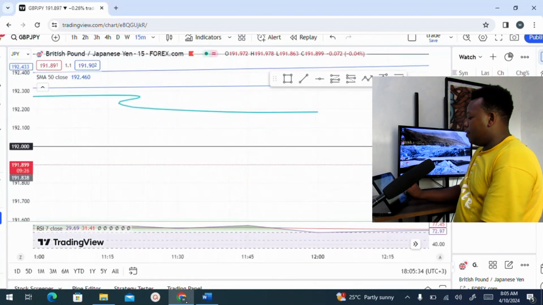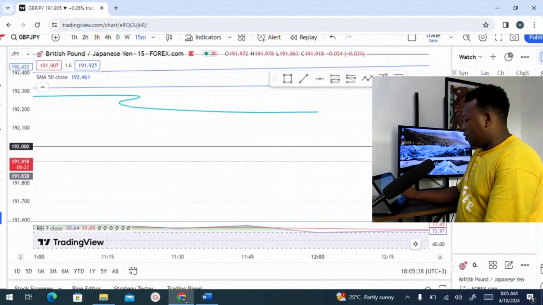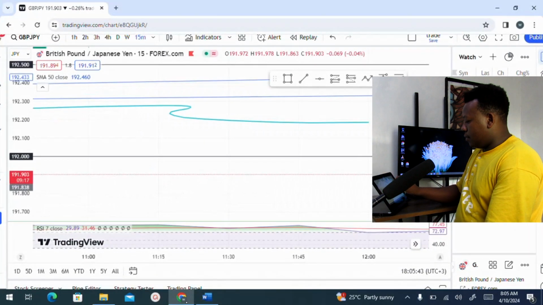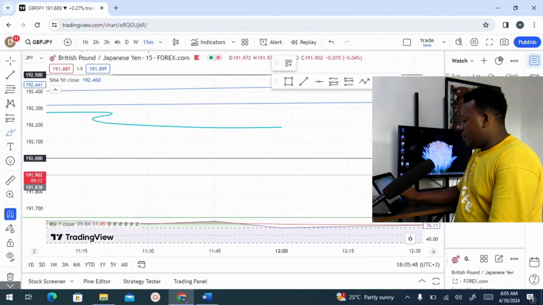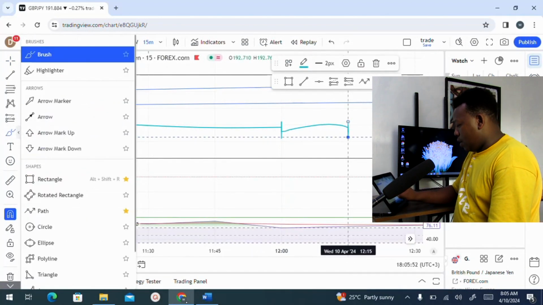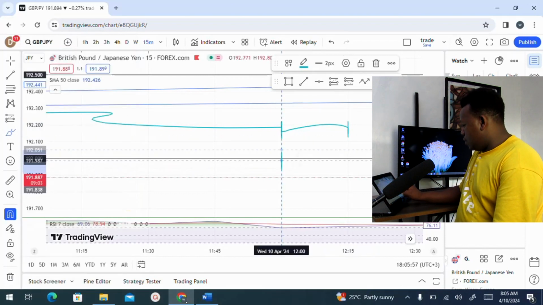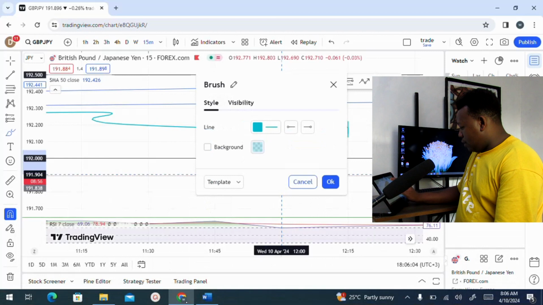For instance, we have the US 30. Let me head to the settings, lines, visibility, background line.